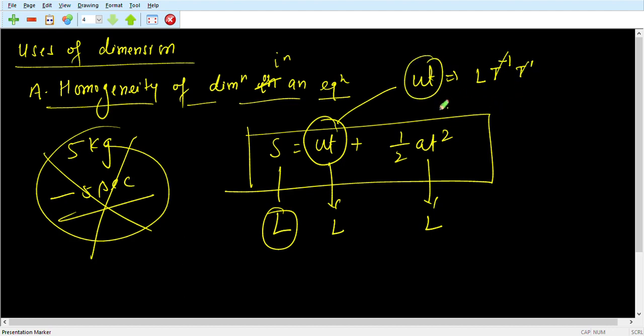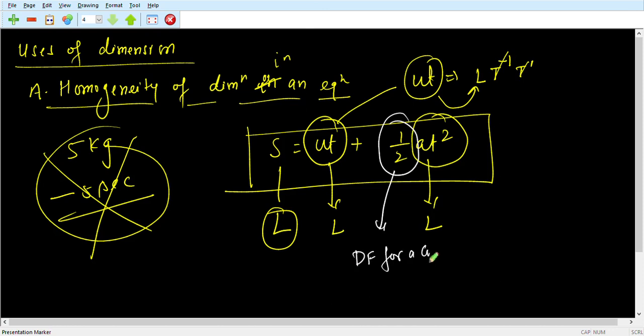Ut is L itself. And if we talk about the term at square, one more thing: the dimension of a constant value is 0. The dimensional formula for a constant is 0, or we are not considering constants in the dimensional formula.